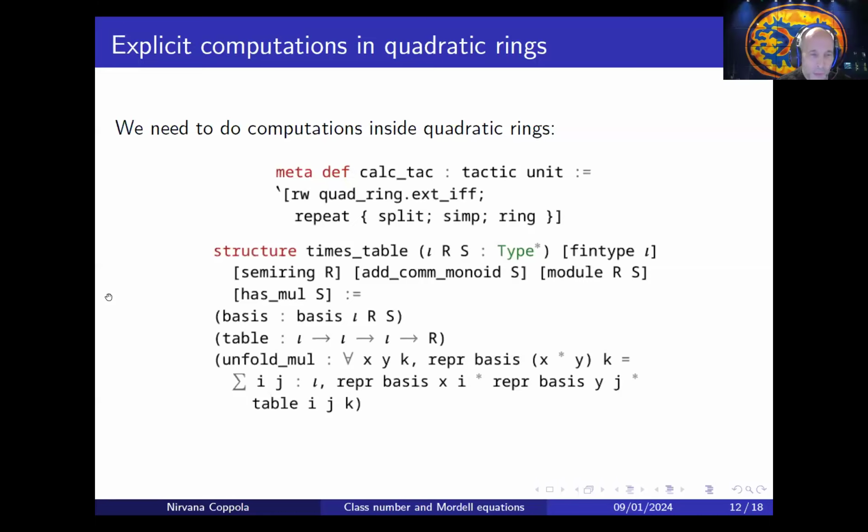Did you have a problem identifying your concrete Z root D with the abstract ring of integers of the number field Q root D? Yes, which is basically why we went through all the fuss of defining these algebra maps and everything.